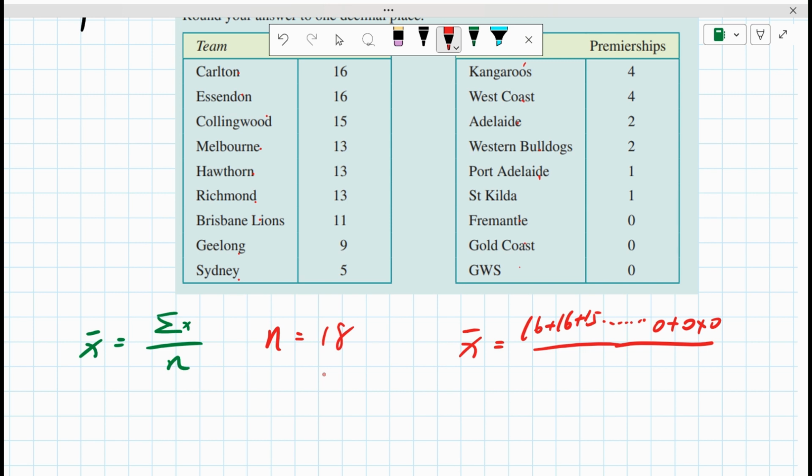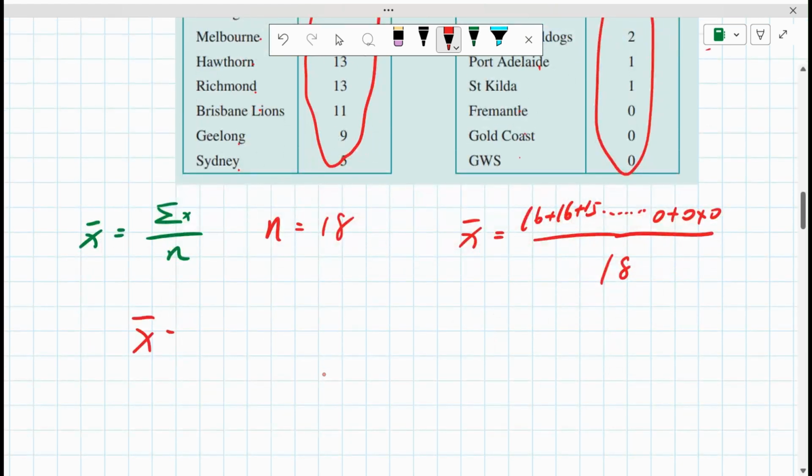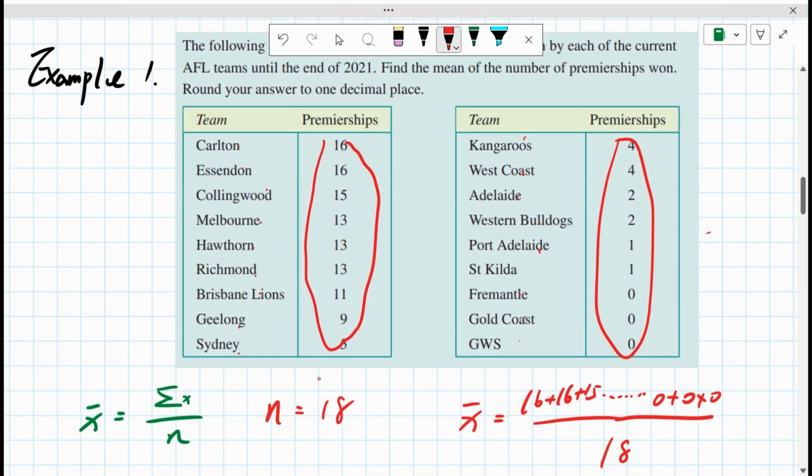Using the CAS calculator and adding all those numbers together, you will see it is 125, with 18 at the bottom of the fraction. So the mean equals 125 over 18, which is approximately 6.9. That is your mean: on average, each of the 18 teams won about 6.9 premierships by the end of 2021.